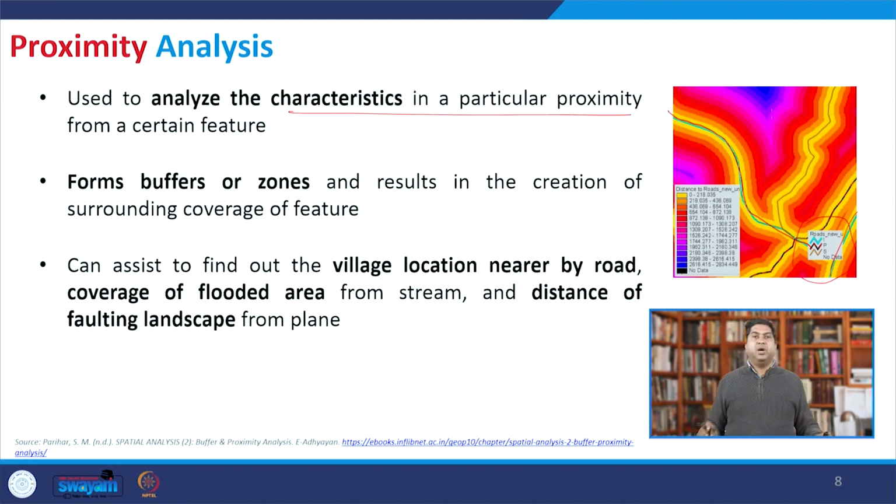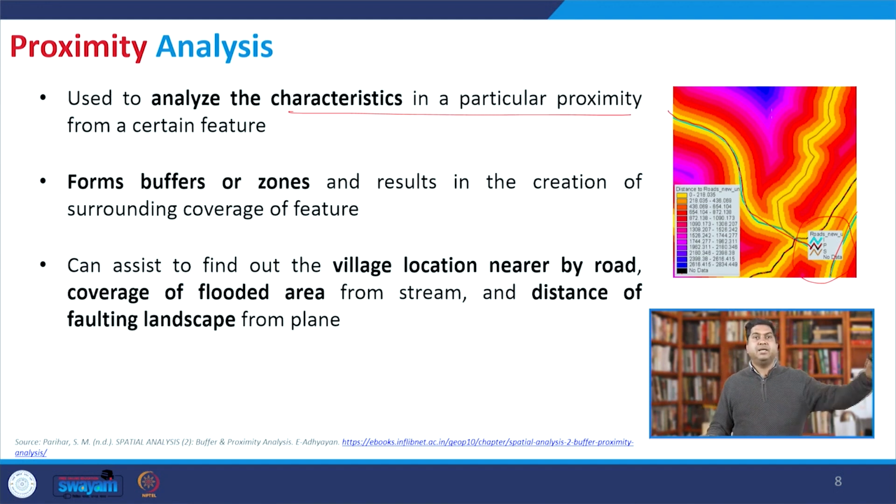So I give you another example. Suppose you want to understand the facility location of a healthcare, and how much population it is serving, how much area it is serving, because whenever we consider any facility where people will go, there is some sort of threshold.